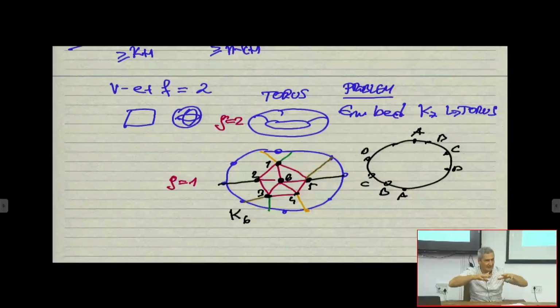So in the embedding we want to draw the graph without crossing the edges, the same as in the plane or on the sphere. We want to draw some graph, if possible, so that edges are not crossing. Okay, and now we embedded K6 into the projective plane.